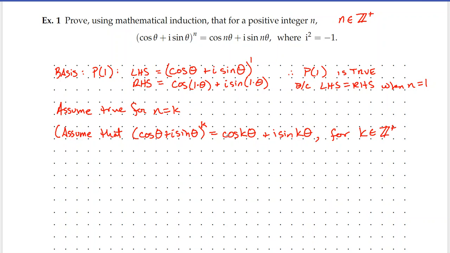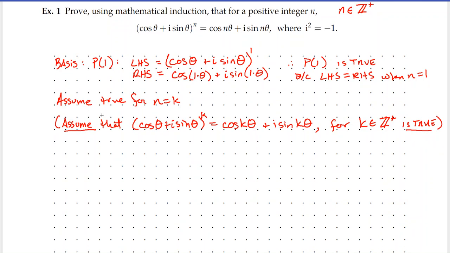We have to assume that this is true. Next we're going to consider when n is equal to k plus 1.